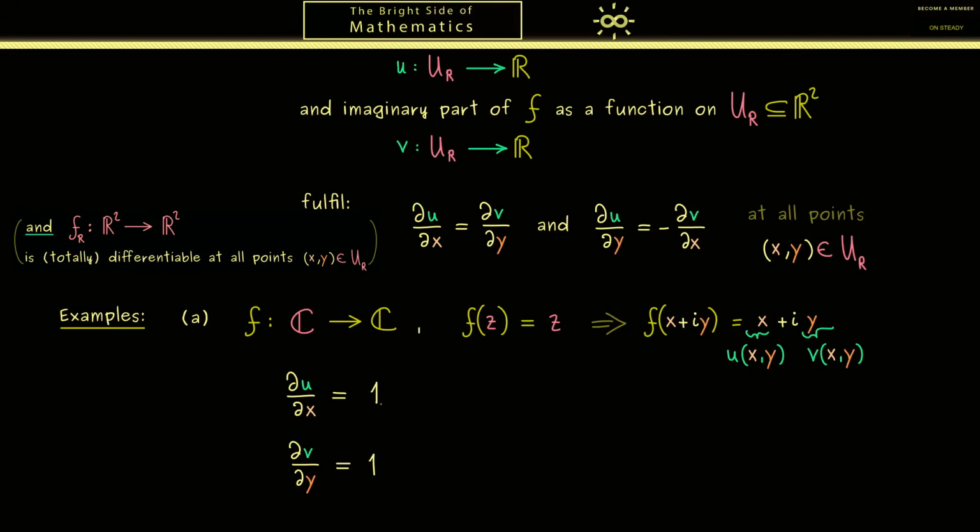Hence we immediately see that the first equation is satisfied at all points. So let's go to the second equation where we have du dy. There we see there is no y in u, therefore we get 0. In fact, the same holds for dv dx because there is no x in v. And also of course the minus sign does not change anything.